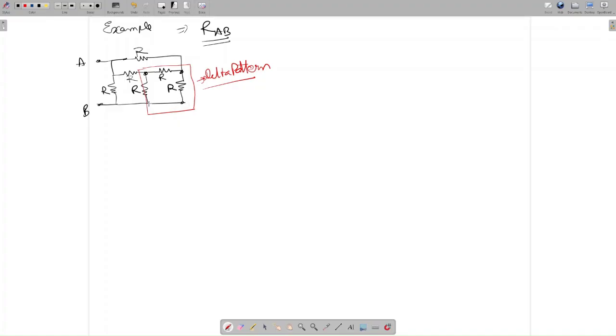These two nodes are the same, so let's join them here. So let's name these RA dash, RB dash and RC dash. So this is the delta to star transformation.